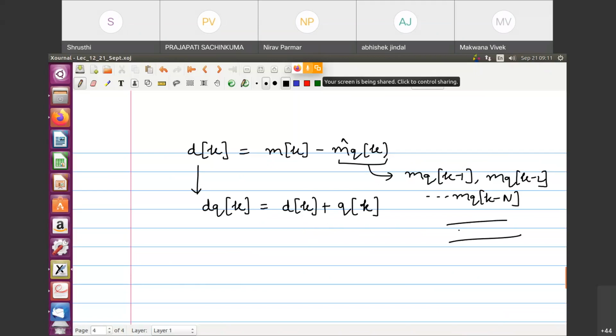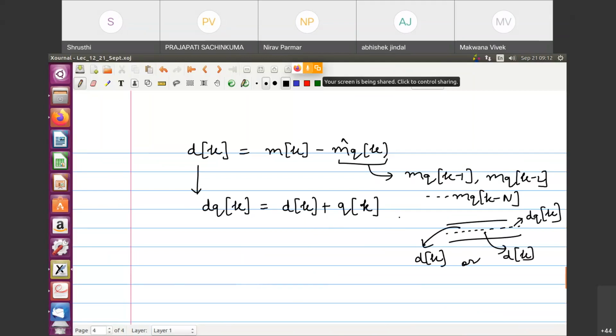Let us say if d of k is approximated by the midpoint, so if d of k is above this midpoint, then d_q of k will be minus. And if it is below, then it will be plus, because this is, let us say, the d_q of k line. So either this can be the sample, this can be d of k, or this can be a line above or below.